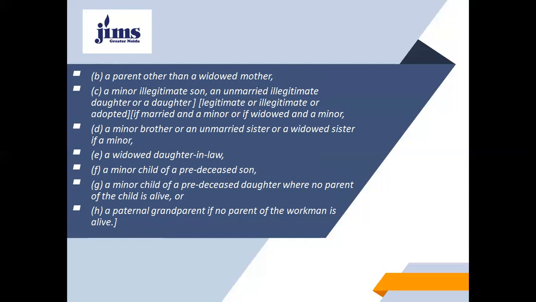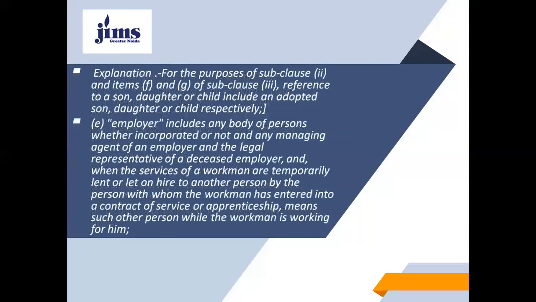But if the deceased workman has paternal grandparents and they are alive, they will also be treated as a dependent person. So these are the close relatives who will be treated as dependents for the purpose of this Employees Compensation Act.